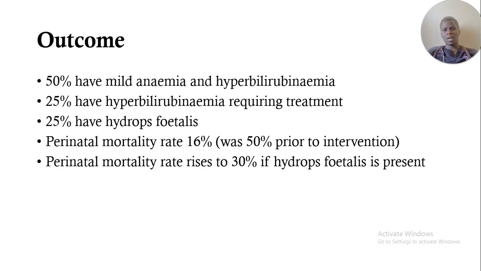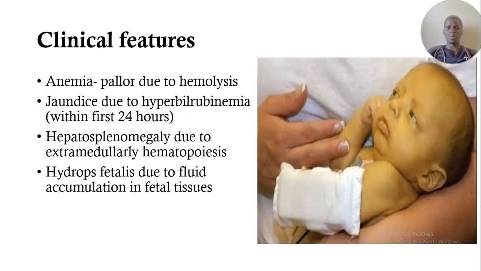So some of the outcomes: 50% have anemia, which is a presentation, and high bilirubin. 25% will require treatment, and 25% will develop hydrops fetalis, which we shall see shortly on the next slide. And for those with hydrops fetalis, the mortality rate increases by 30%.